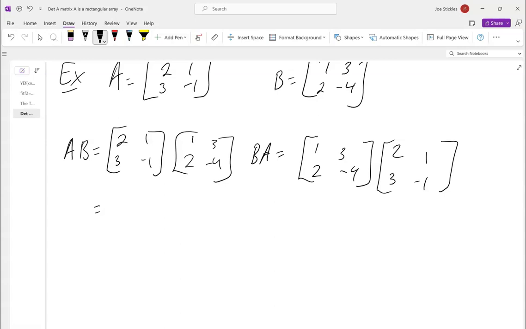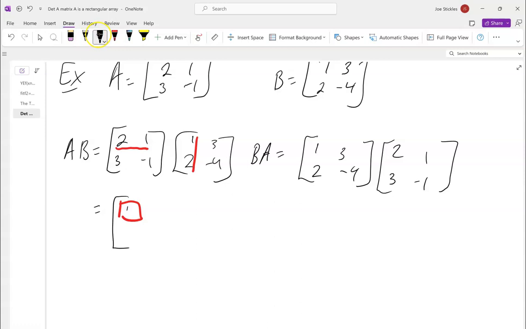Okay. When we do the first entry, when we do that upper left entry, what do we multiply together? When I want the one in the upper left-hand corner there, what gets multiplied together? 2 times 1 plus the 1 times 2? Yeah. So remember again, to get this entry right here, we'll take this row times that column, right?